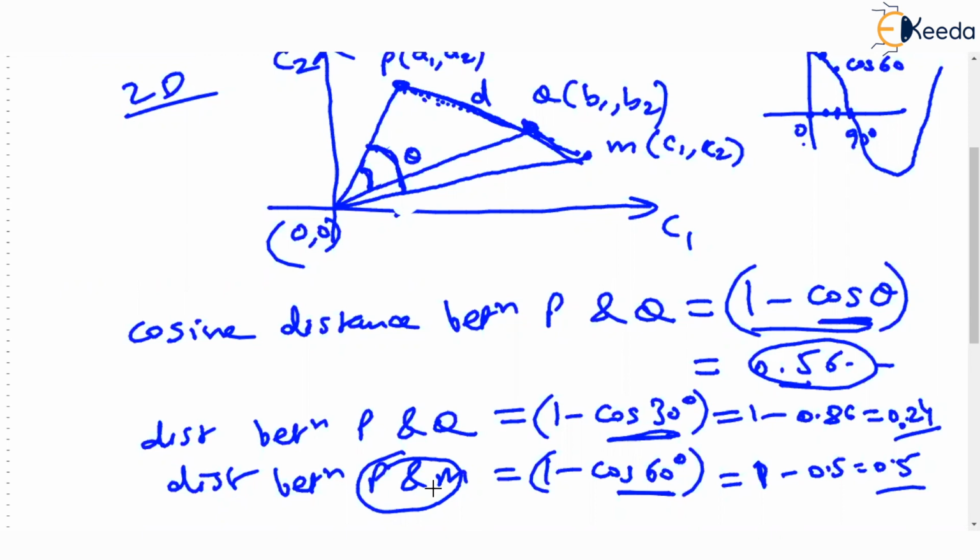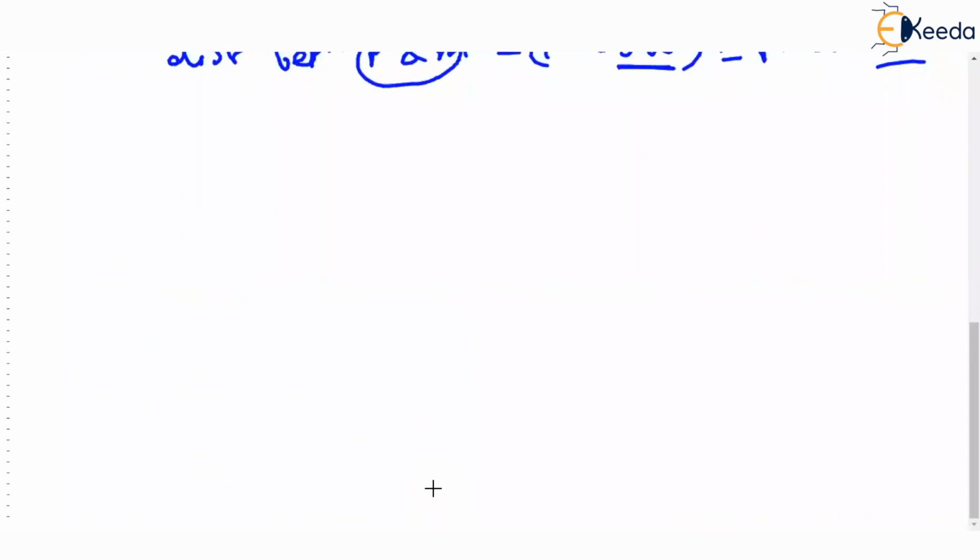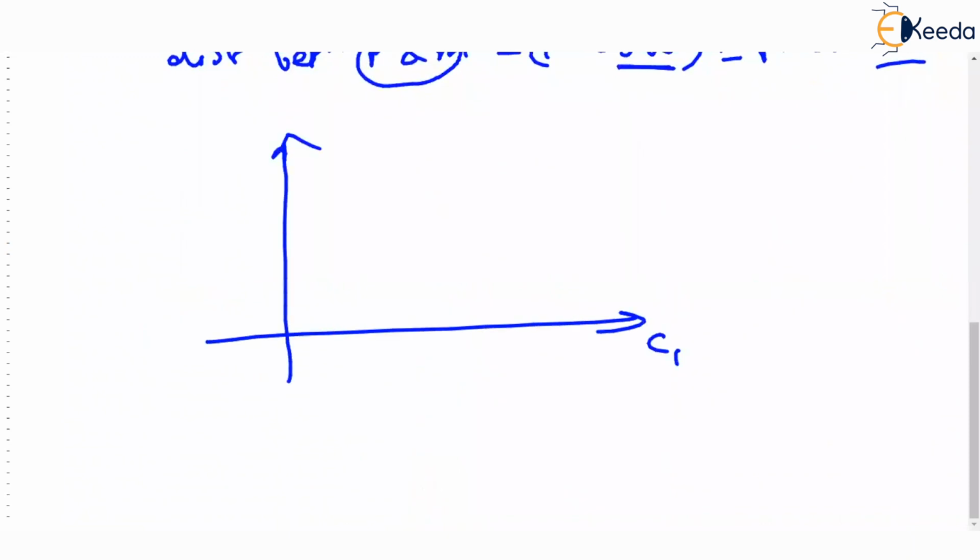And it is working. The only thing over here is that suppose we have two dimensions again, C1 and C2. And there is a point P here, and there is a point Q here. And they are collinear. By collinear, what I mean is, this is the origin. So you can see that the P vector is this, and on the same line, Q also occurs.